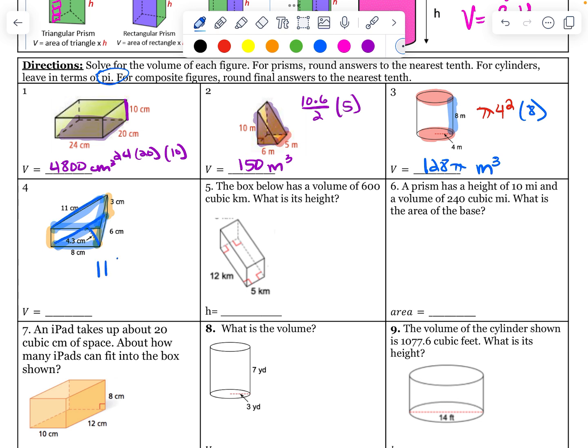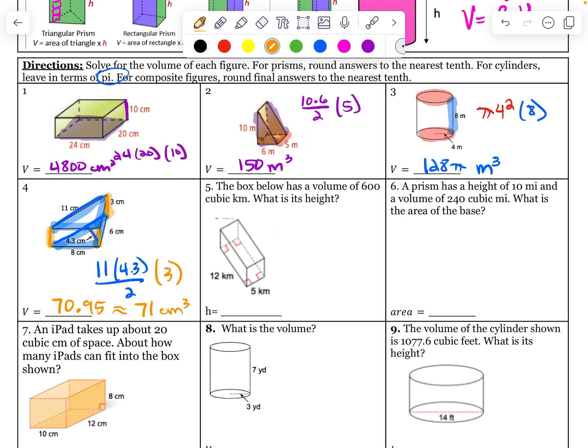Height is 4.3 divided by 2 times the height of the whole figure, 3. So 11 times 4.3 divided by 2 times 3 is 70.95, which is going to round to 71 cubic centimeters.